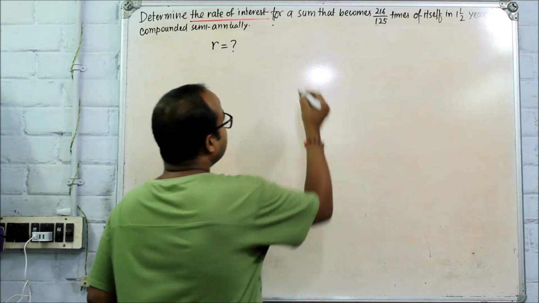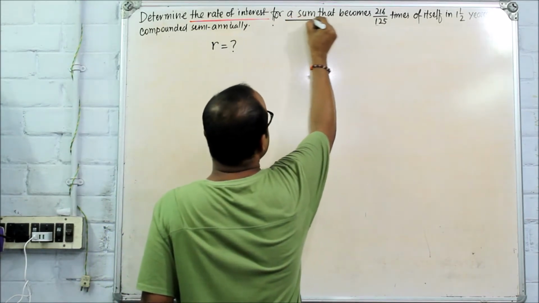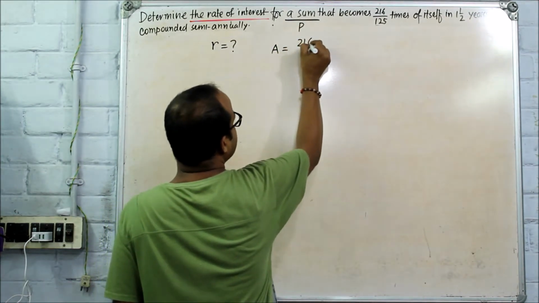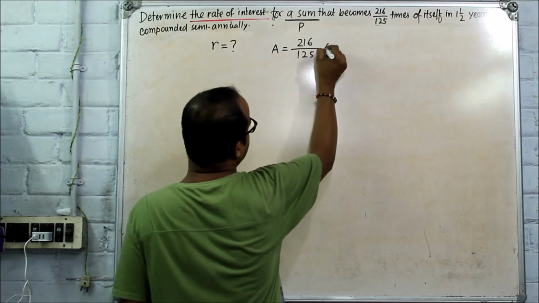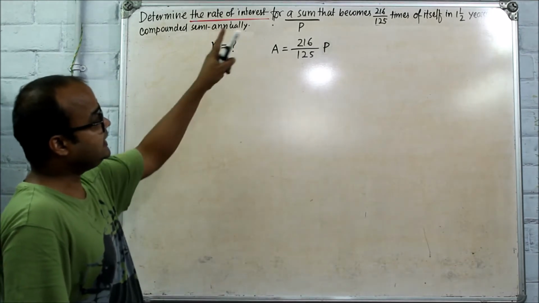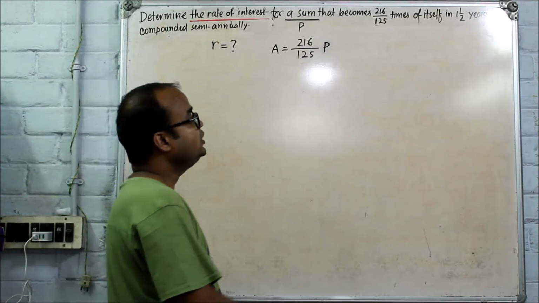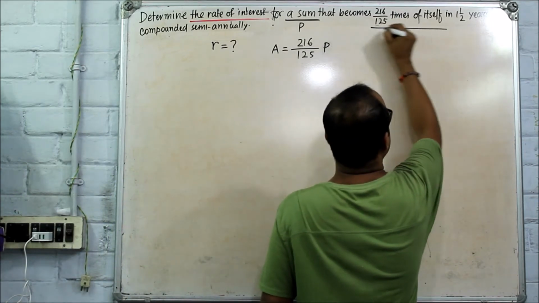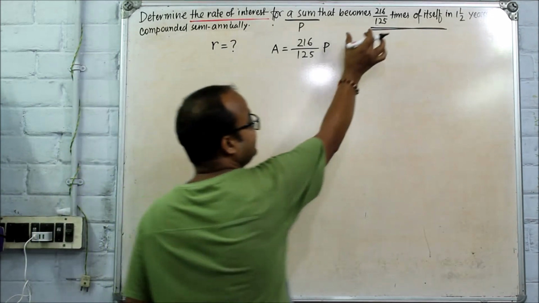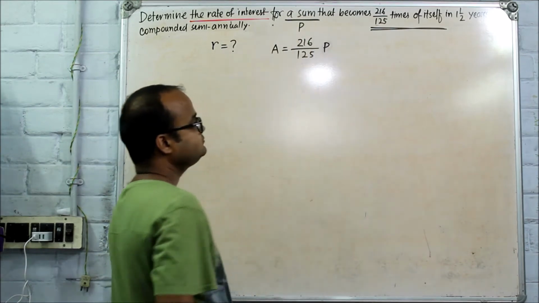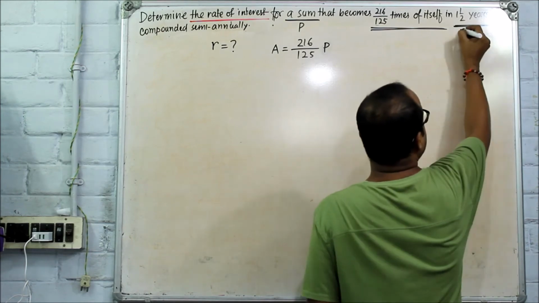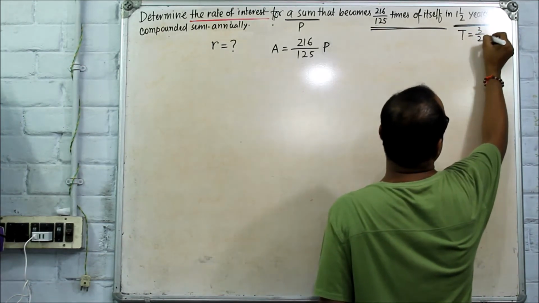That means if you consider principal as P, then amount is given as 216 by 125 P. 216 by 125 times of itself means this factor multiplied by P, in 1.5 years. So time is given as 3 by 2 years.